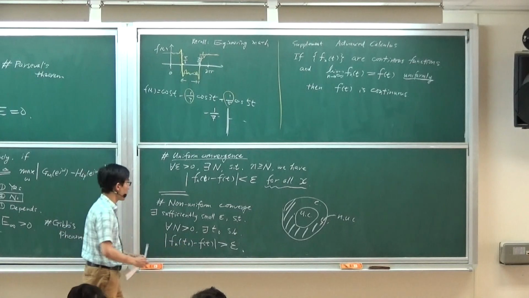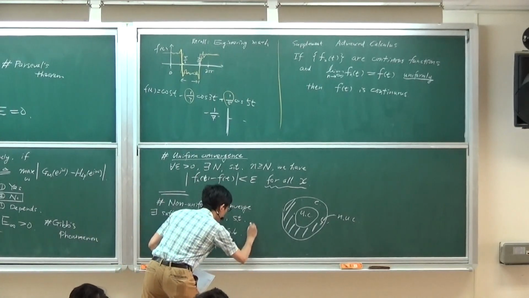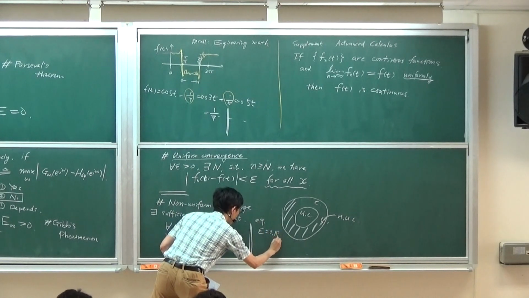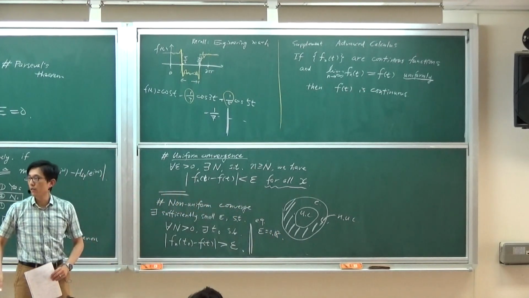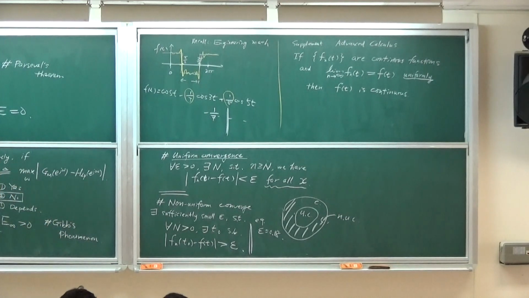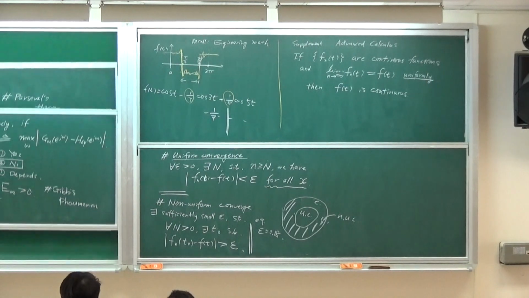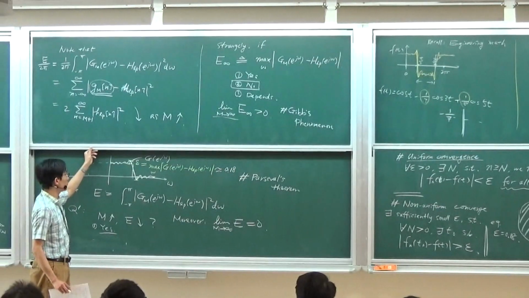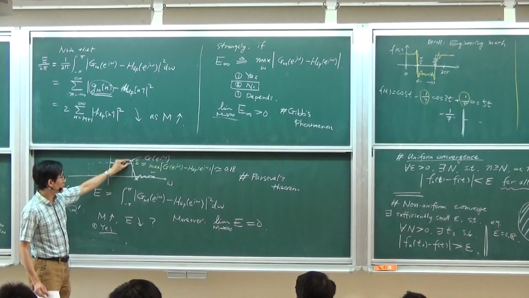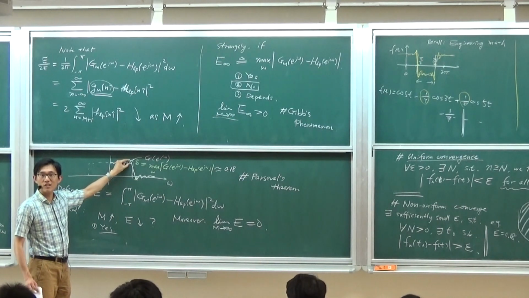In our example, epsilon is 0.18. So for any epsilon less than that, you can always find a place in frequency, probably very close to the boundary, such that the difference is still greater than 0.18.